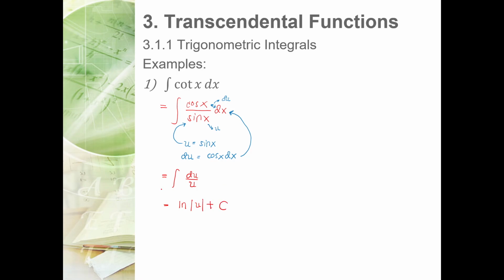So to give the correct answer, we need to bring back the value of your u parameter in the equation. So that's ln sine x plus c. So that's how you get the answer.